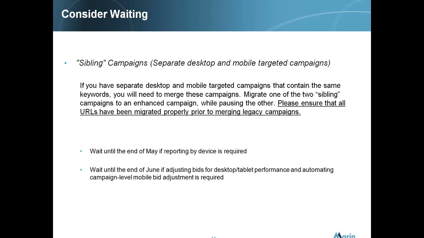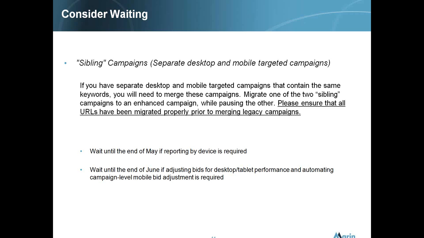If you do want to wait until there is more of an update on automated bidding, by the end of June, those should all be available to you. Right now, bidding will work as it always has been with the aggregated data per keyword, so desktop, tablet, and mobile will all be aggregated in an enhanced campaign.